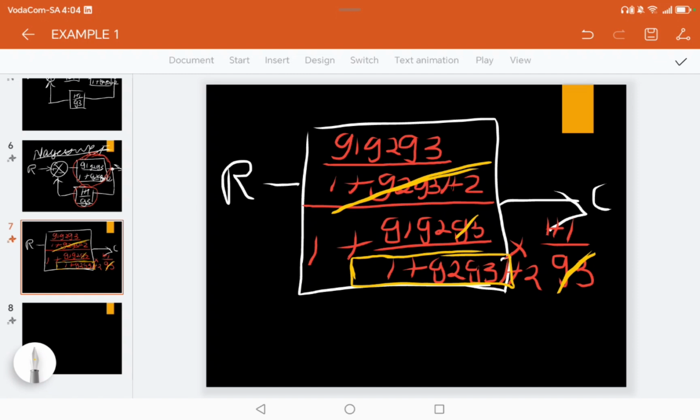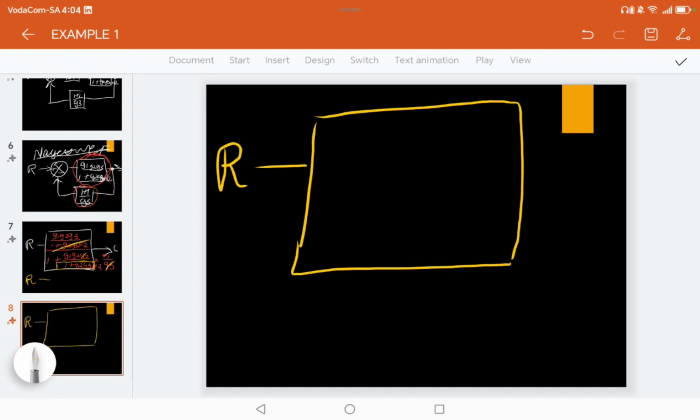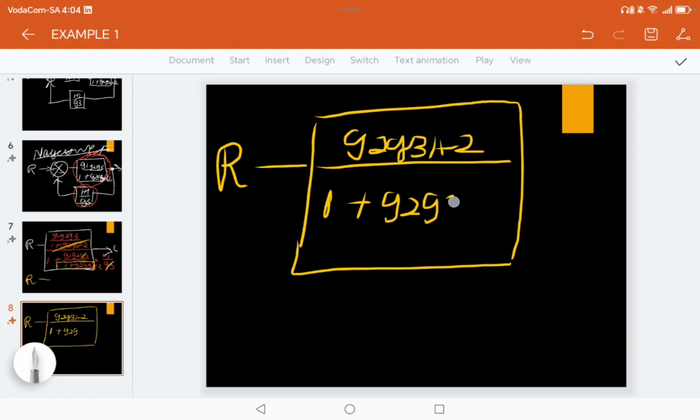It's going to cancel this, and we will have a final answer of something like, let me have it on the page. The final answer will be G2, G3, H2 divided by 1 plus G2, G3, H2 plus G1, G2, H1.